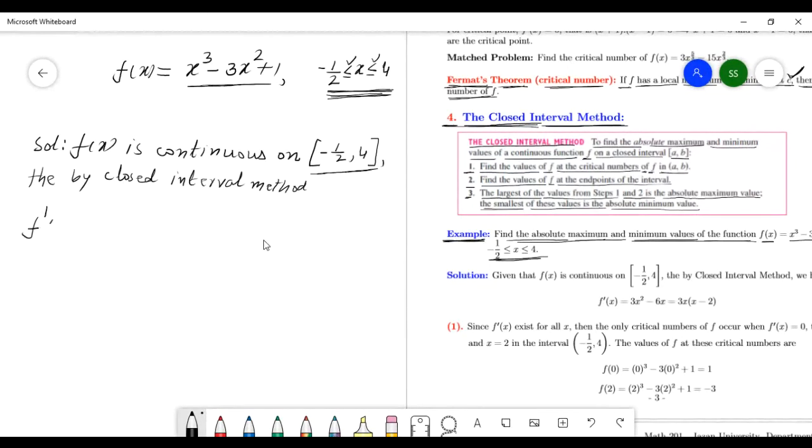First you take f'(x) equal to the derivative of x^3 minus 3x^2 plus 1.